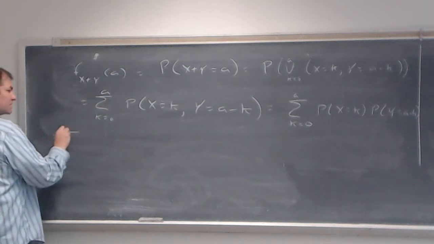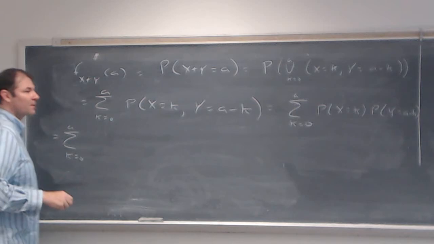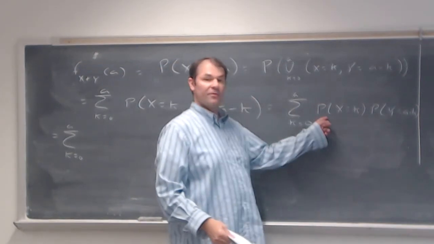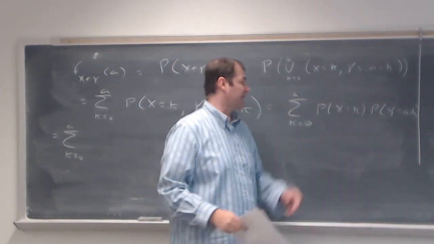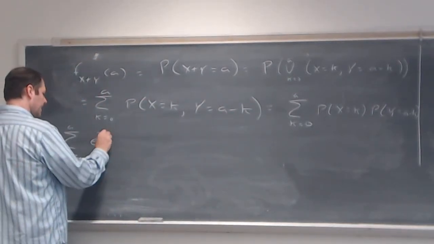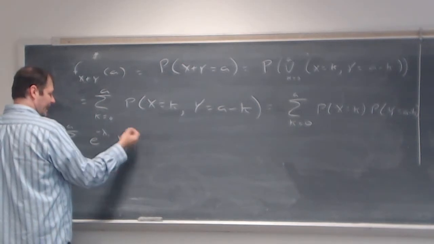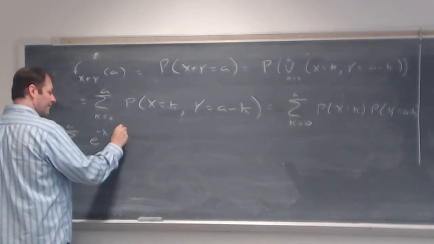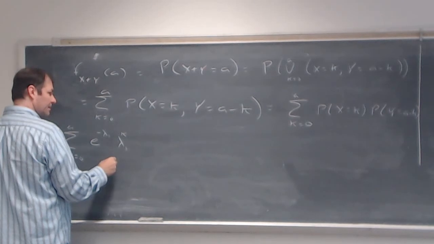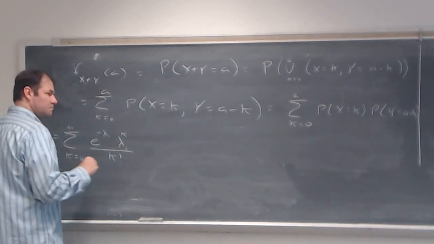So this is equal to the sum as k runs from 0 to a. And so this is nothing more than the PMF of x evaluated at k. So what would this be? This would be e to the minus lambda 1, lambda 1 to the x normally, the PMF, but here x is being played by k, all over k factorial.